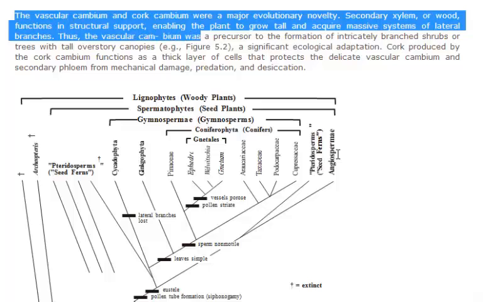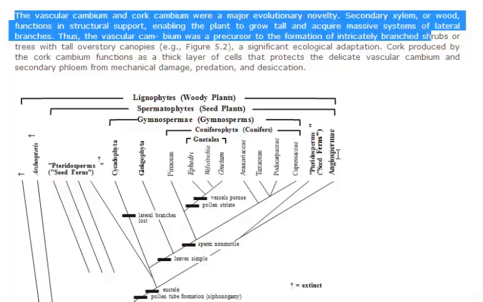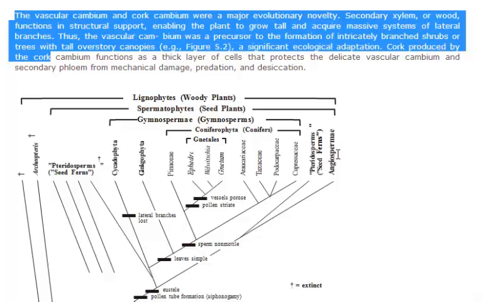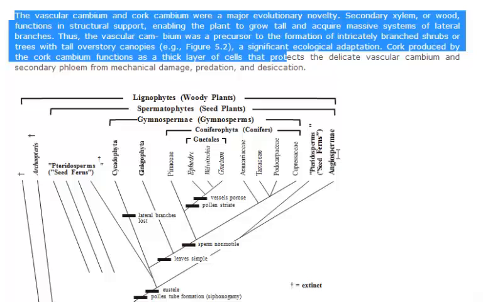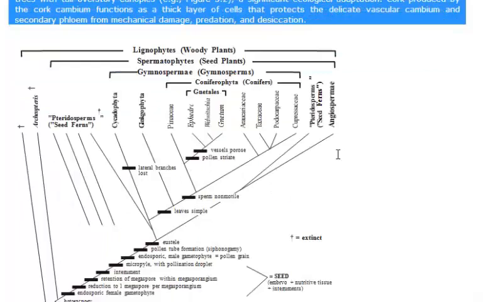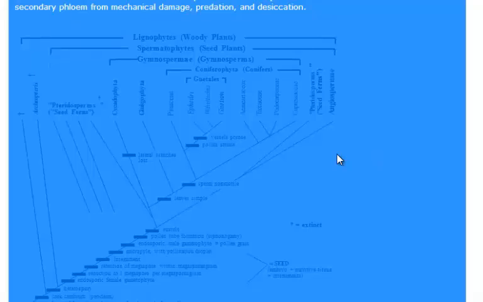Thus, the vascular cambium was a precursor of the formation of intricately branched shrubs or trees with tall overstory canopies. For example, figure 5.2. As a significant ecological adaptation, cork produced by the cork cambium functions as a thick layer of cells that protects the delicate vascular cambium and secondary phloem from mechanical damage, predation, and desiccation.